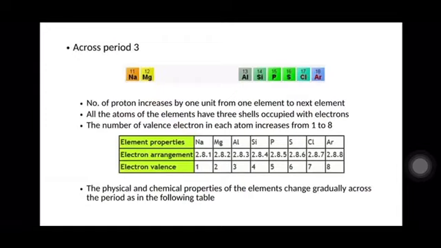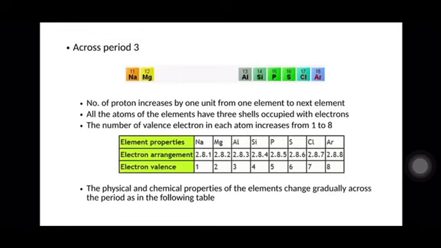Look at the table, at the electron arrangement: 2.8.1, 2.8.3, 2.8.2, 2.8.4. All have 3 shells occupied with electrons. And the number of valence electrons increases by 1 unit from 1 to 8.